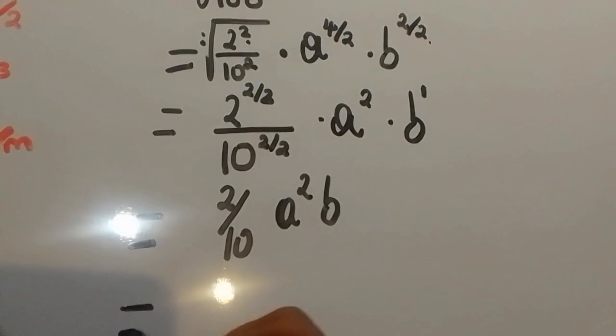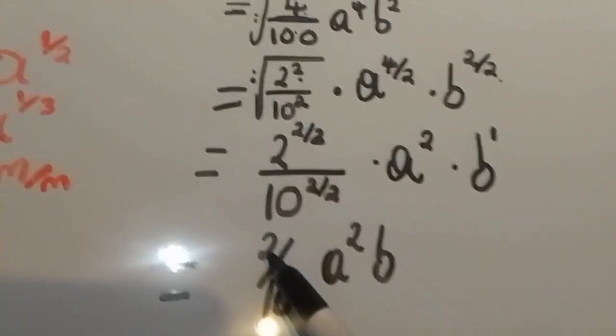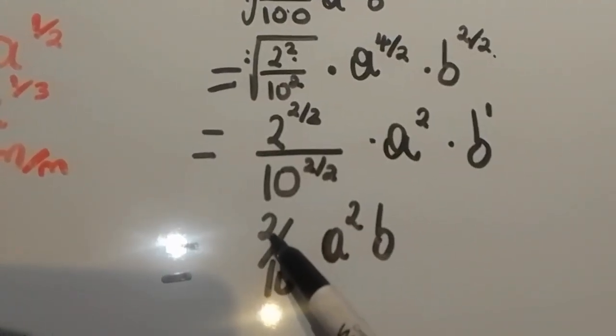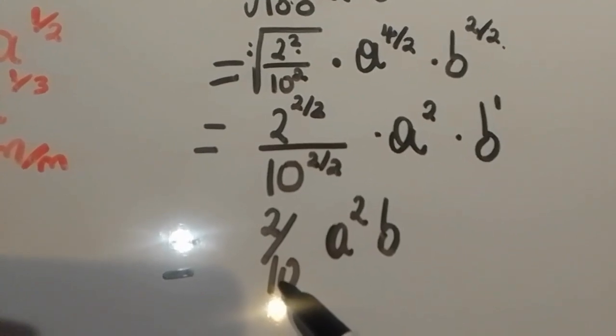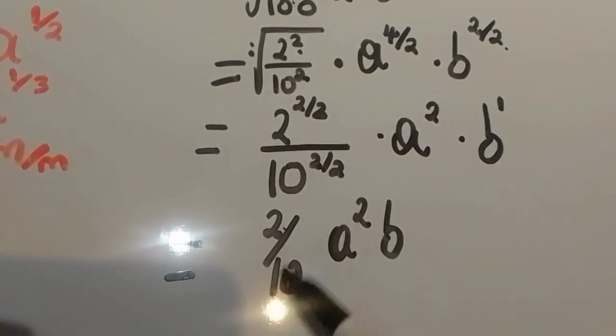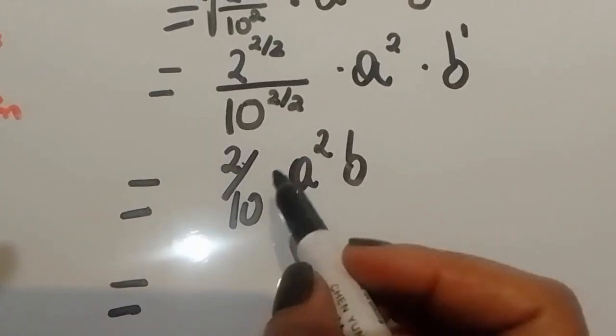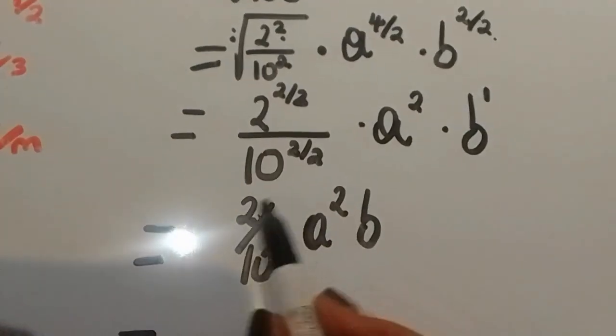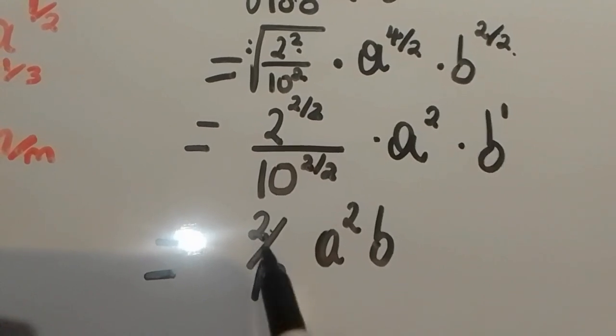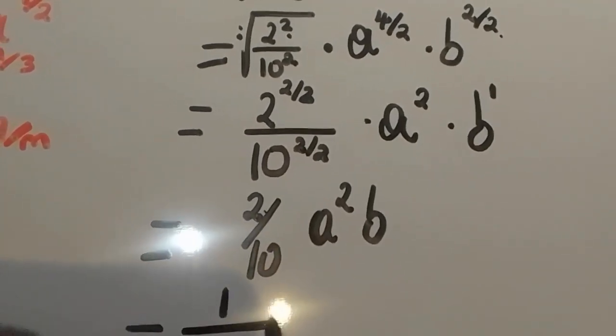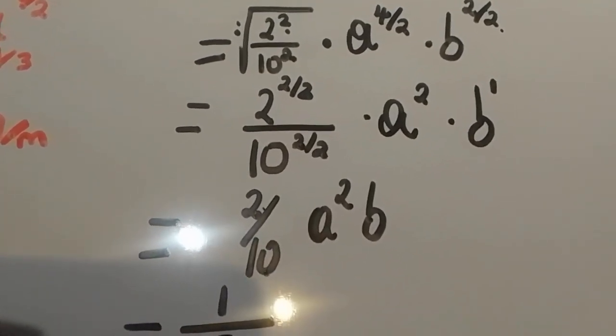To simplify this even further, I recognize that 2 goes into 2 one time and 2 goes into 10 5 times. So we don't leave a fraction like that. We always have to make sure that we are in a simple form. Okay, so 2 divided by 2 gives us a 1, and 10 divided by 2 is a 5.